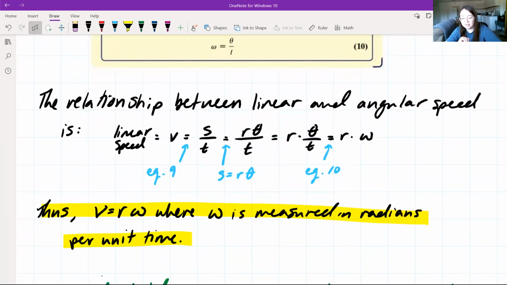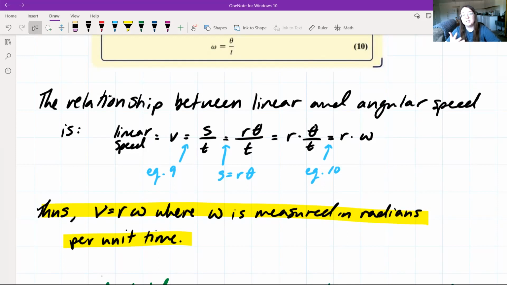That's by equation 9, the equation of linear speed, where we can replace s with r times theta, that was our arc length. So r times theta divided by t, where theta divided by t is the angular speed omega. So we have that relationship between them.